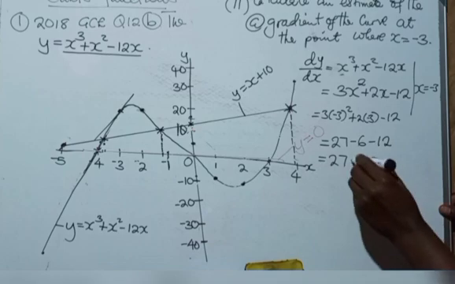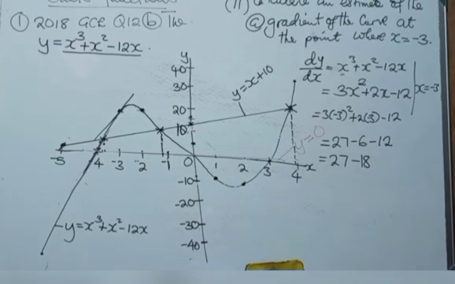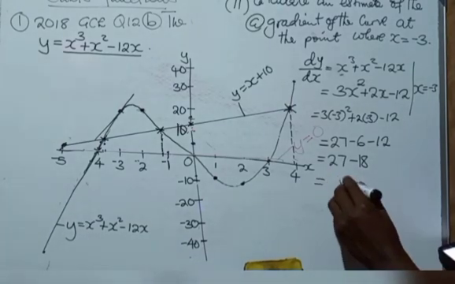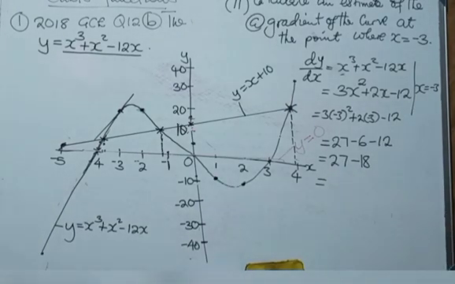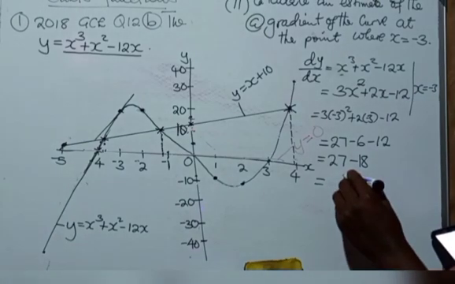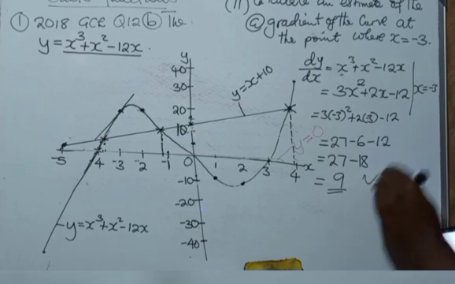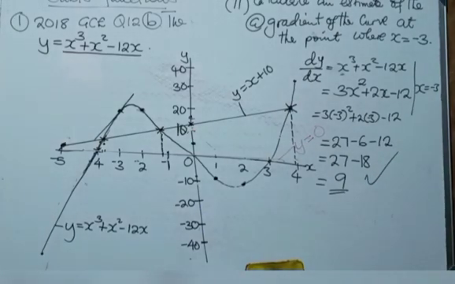This one we have negative 18, because negative 6 minus 12, the answer is negative 18. Now what is 27 minus 18? The answer is 9. So 9 is the gradient of that curve at the point negative 3.